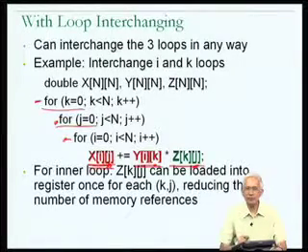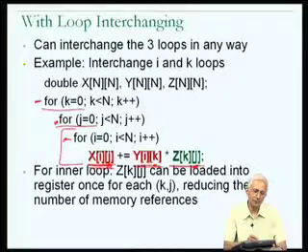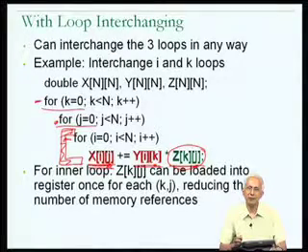Okay, now one observation which I did want to make is for this particular implementation that we have on the screen right now, you will notice that as far as the inner loop is concerned, the inner loop is one where i varies from 0 through n, and therefore as far as the inner loop is concerned, z of k j is a constant. z of k j is an element of the matrix z, and it doesn't depend on the innermost loop at all.